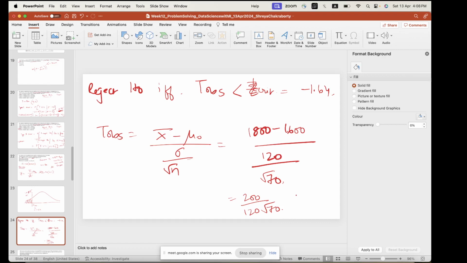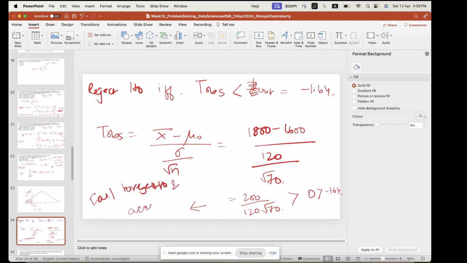So this is obviously greater than 0. So it should be greater than minus 1.64. Therefore, we fail to reject H naught and hence accept H naught. Is it okay? Any confusion, doubt?